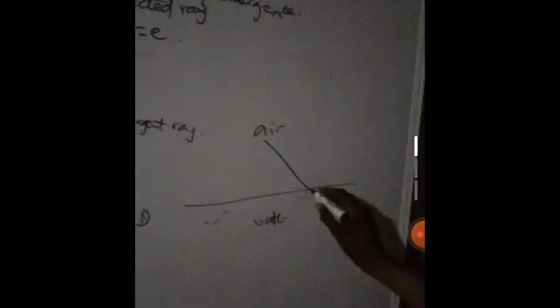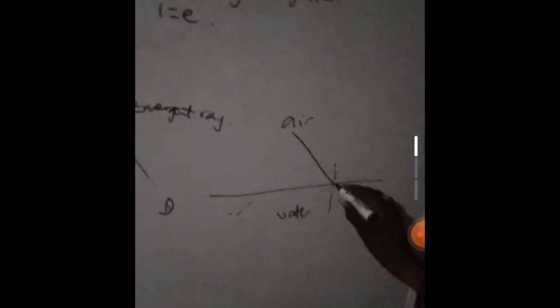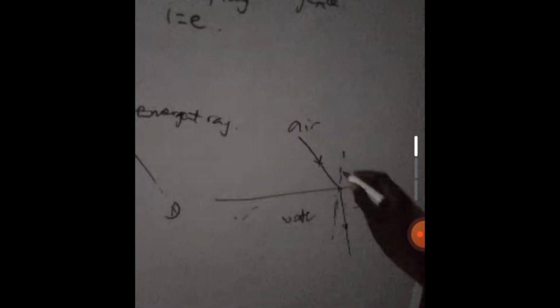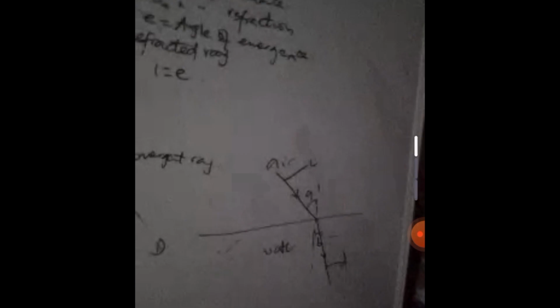This is water here, and this is air. Light ray coming from air like this, when it gets to water, changes its direction. So this is A, this is B, this is C, this is D. Who will tell me what A is?